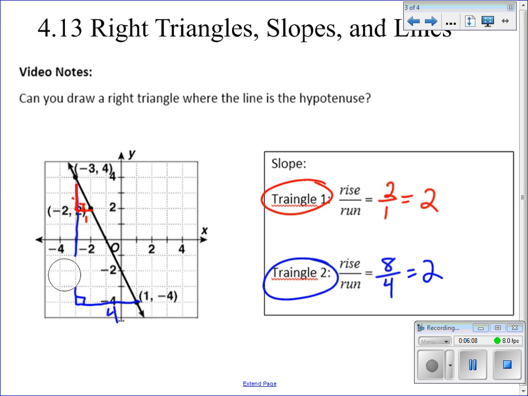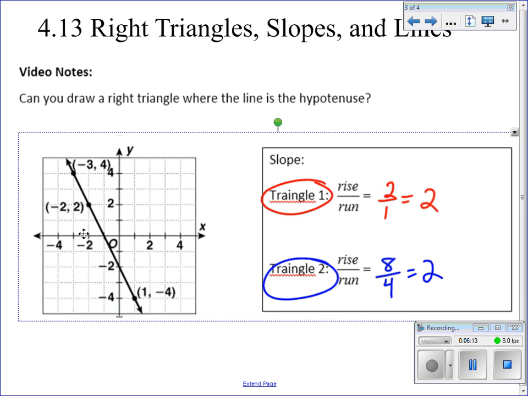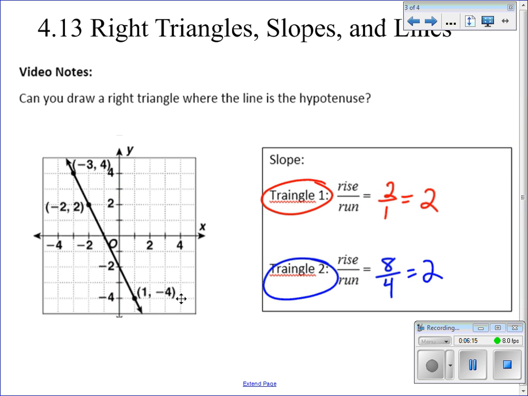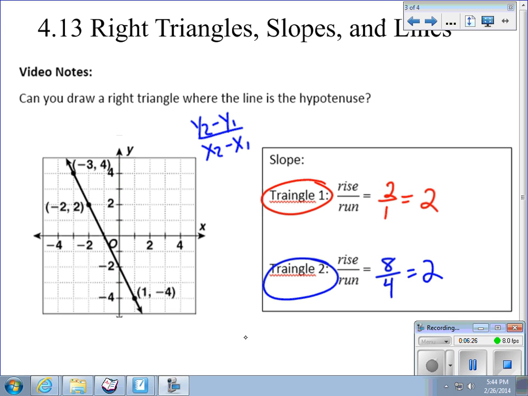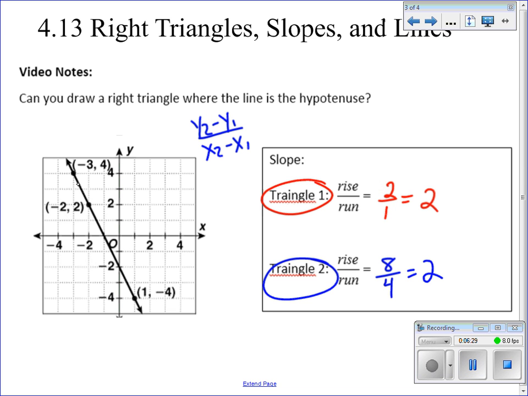Now, instead of using the rise over run method to prove that these slopes are the same, I'm going to go ahead and use our y2 minus y1 over x2 minus x1 formula. We have 2 points here, and so if we just use any of these 2 points, we can use this one and this one. We will call this x1, y1, and this x2, y2.